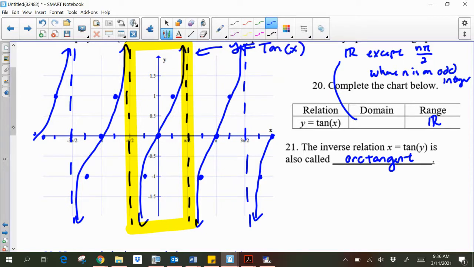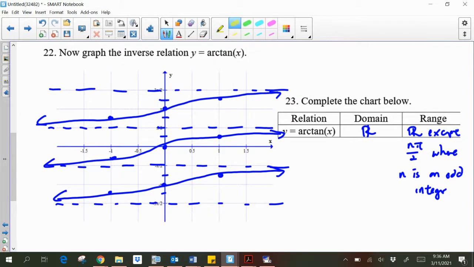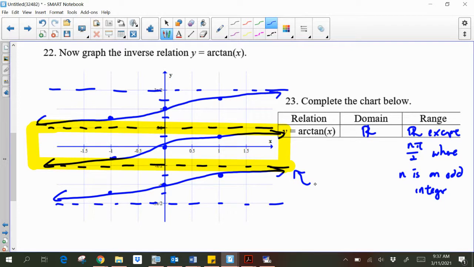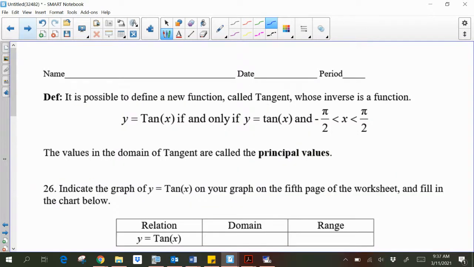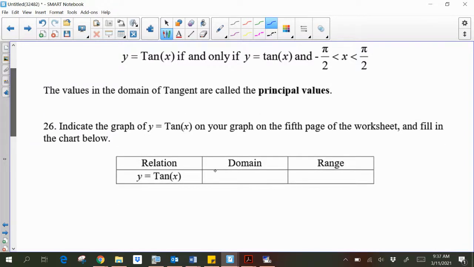And then for the inverse, your range is negative pi over 2 to pi over 2. Again, those endpoints are not included. So these are a lot easier to write now. The domain is negative pi over 2 to pi over 2 instead of being super long and complex.